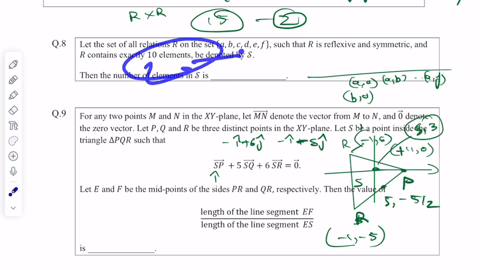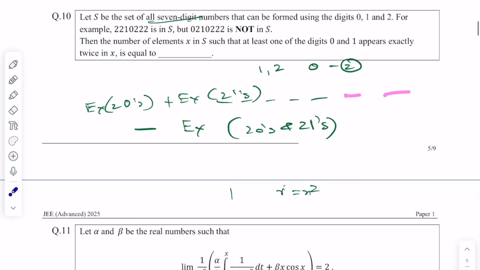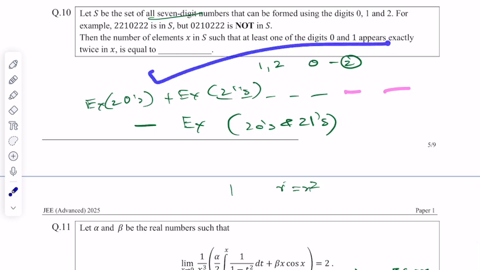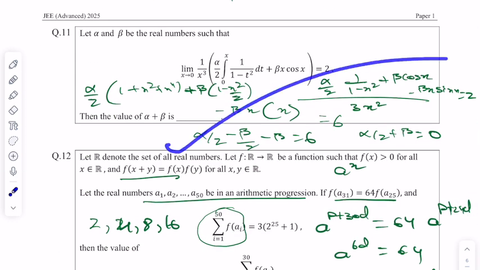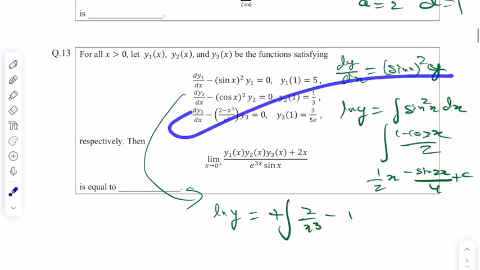Basic PNC, this thing you might have done in sets itself whenever you learn reflexive and symmetric, if you know how to find this out. Easy if you take the values. Basic PNC, basic Newton-Leibniz, again mains level, very easy differential equations.